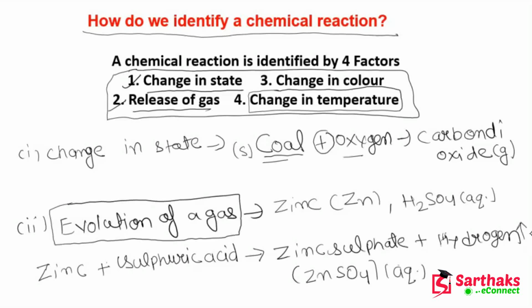So if two substances react and as a product a gas is released, then we can say a chemical reaction is taking place. So this is the second factor which we have discussed. So far we have seen two factors. First one is change in state and the second one is release of a gas.